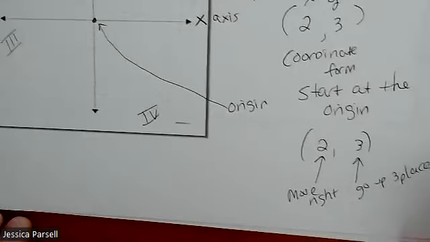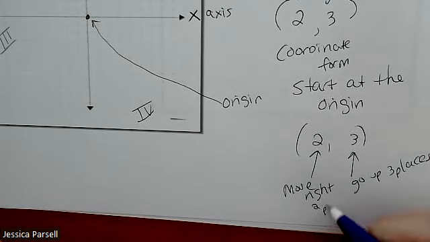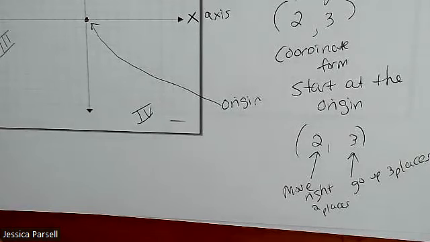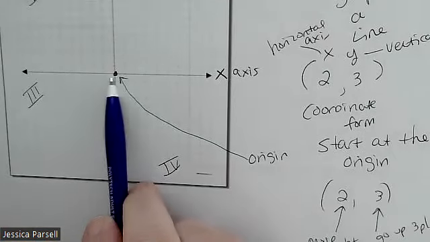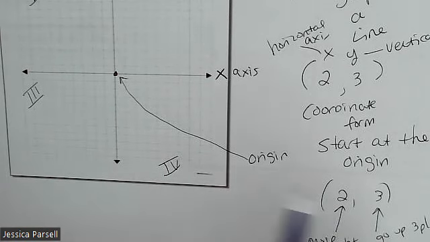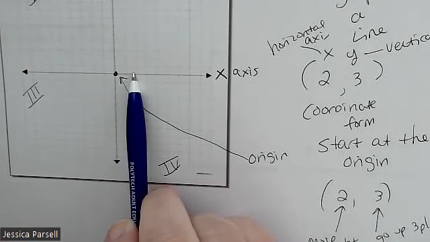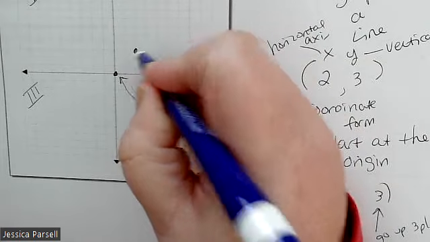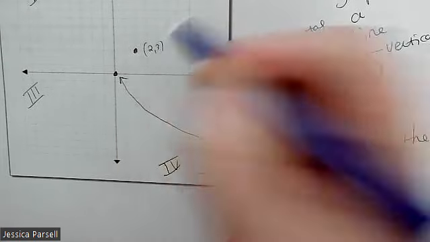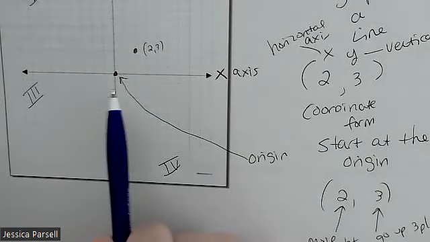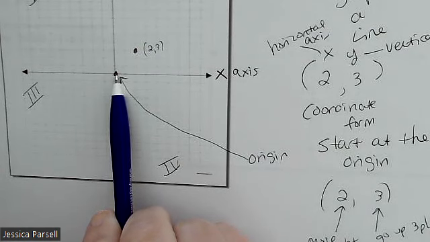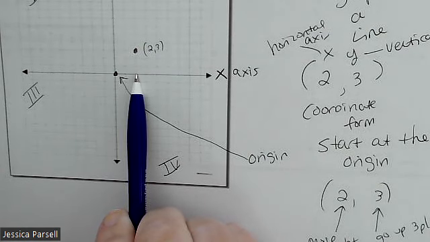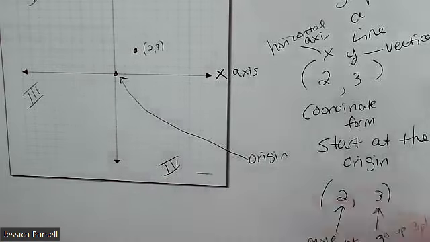So move right 2 places, then go up 3 places. So if I start at the origin, I'm going to move to +2, so 1, 2, and then up to +3, 1, 2, 3. So this is the point 2, 3.